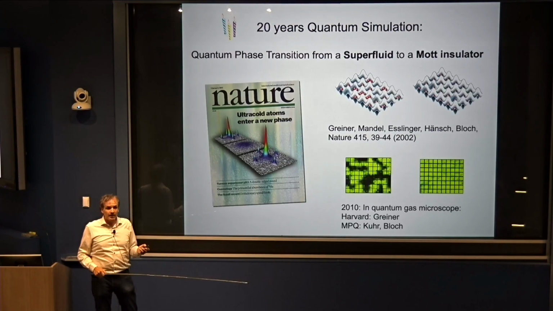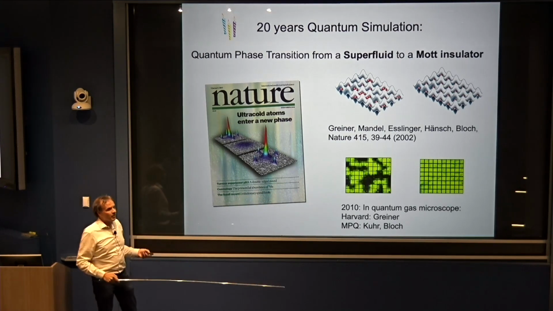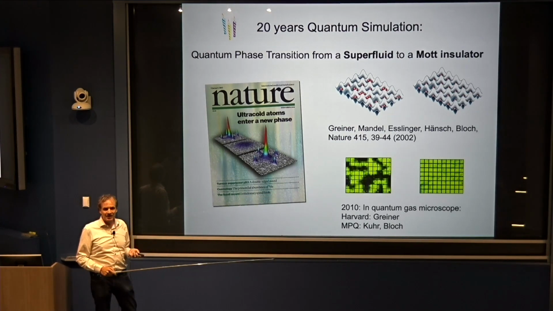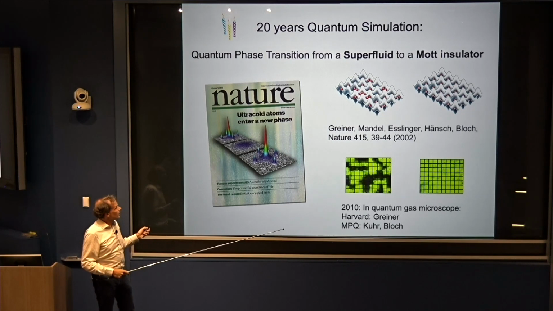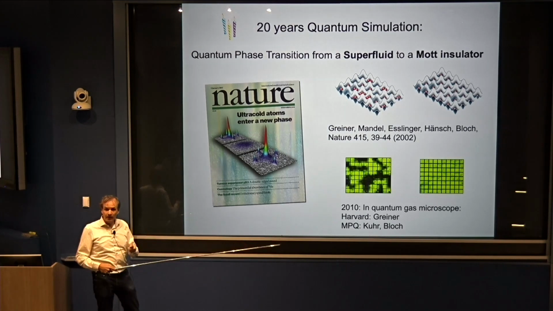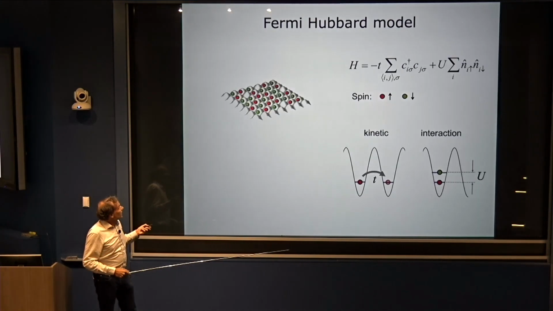So one example is they started in 2002 with the superfluid to Mott insulator, where we were able, for the first time, to create a quantum simulation, essentially to build a well-controlled, strongly correlated quantum system that was useful to understand a model that came from a different field of research.